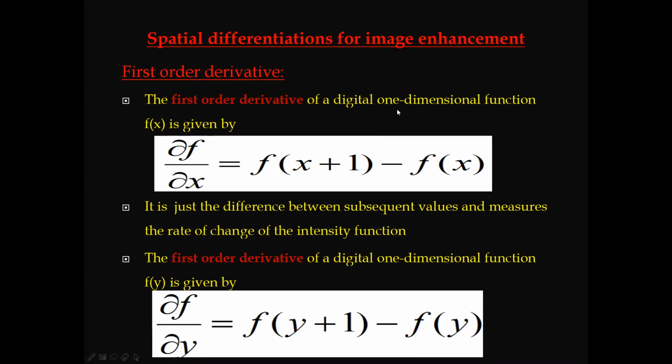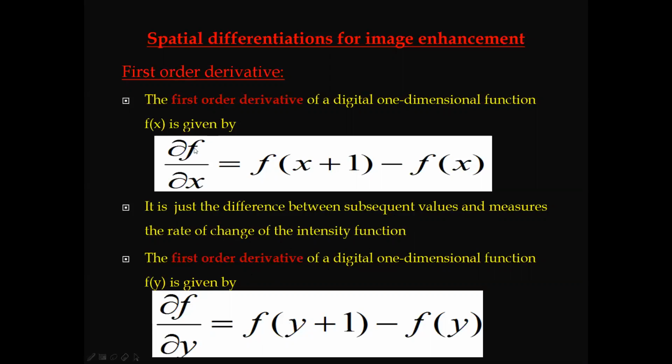The first order derivative of a digital one-dimensional function f of x can be defined as dou f by dou x, which is equal to f of x plus 1 minus f of x. It is just the difference between subsequent values and measures the rate of change of the intensity function. Similarly, dou f by dou y is equal to f of y plus 1 minus f of y.